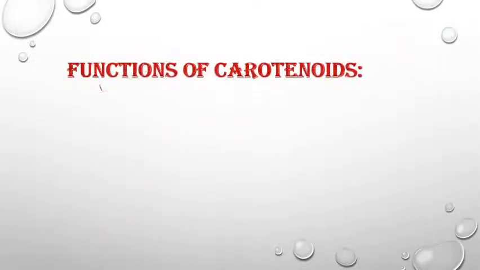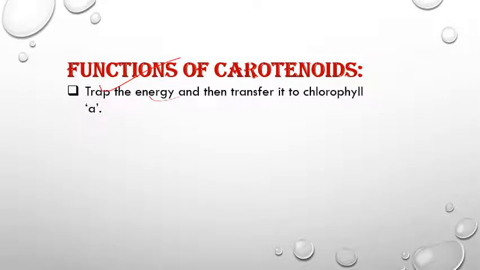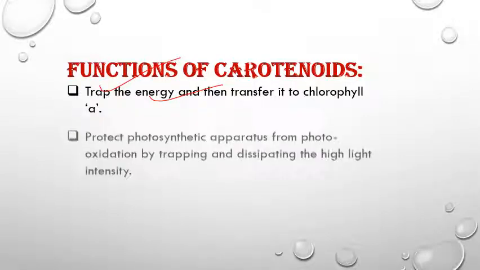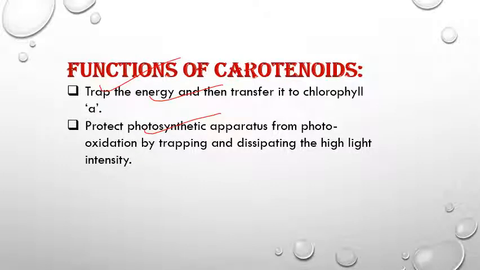The functions of carotenoids: first, they trap energy and transfer it to chlorophyll a, because those wavelengths which are not absorbed by chlorophyll are absorbed by carotenoids. Then they protect the photosynthetic apparatus from photooxidation, the damage caused by excessive light intensity.